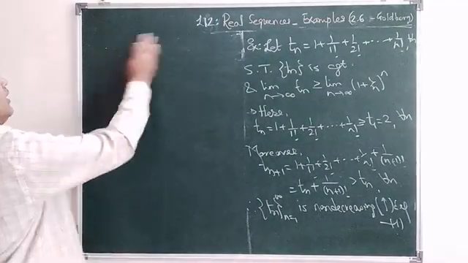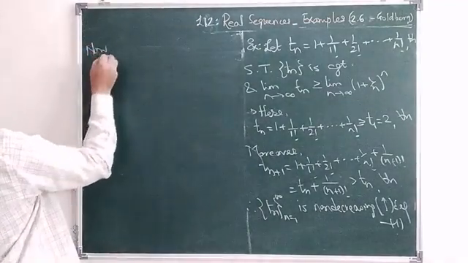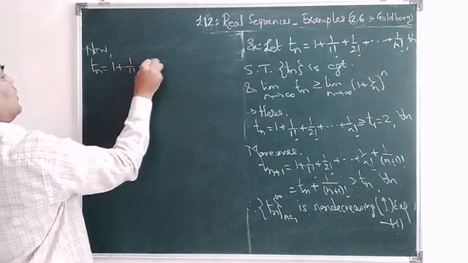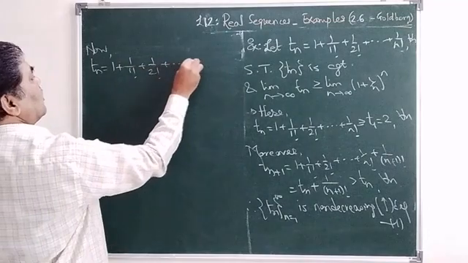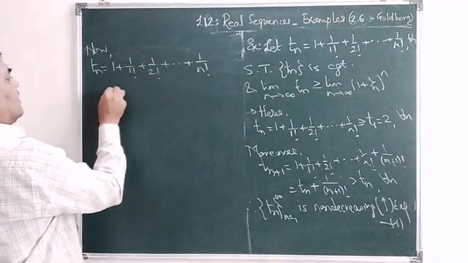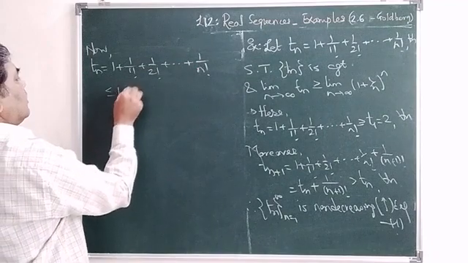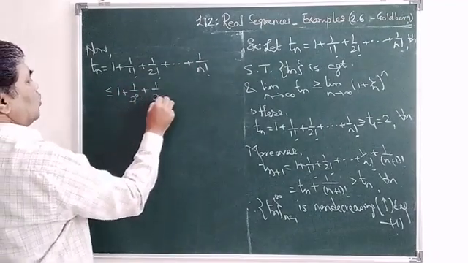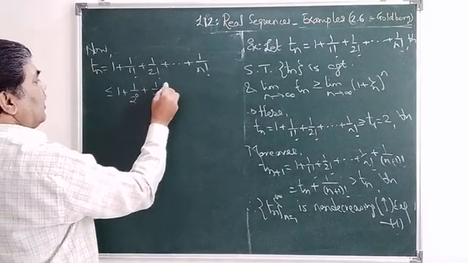Now, Tn is equal to 1 plus 1 upon 1 factorial plus 1 upon 2 factorial plus dot dot up to 1 upon n factorial. This is less than or equal to 1 plus 1 upon 2 raised to 0 plus 1 upon 2. What is 1 upon n factorial?